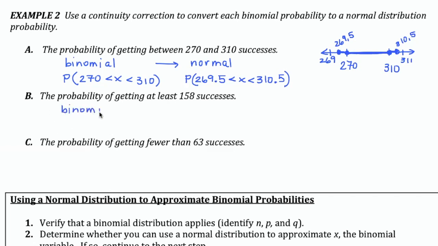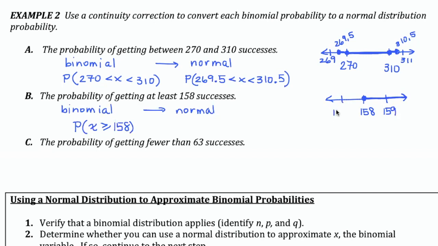Part B, the probability of getting at least 158 successes. As a binomial probability, that means I want the probability that x is at least 158, meaning bigger than or equal to 158. Now, to convert that to a normal probability, I'm going to think about, again, I like to go to the number line. I'm going to think about where 158 is. Obviously, the numbers bigger than 158 are going to this side, where 159 would be.